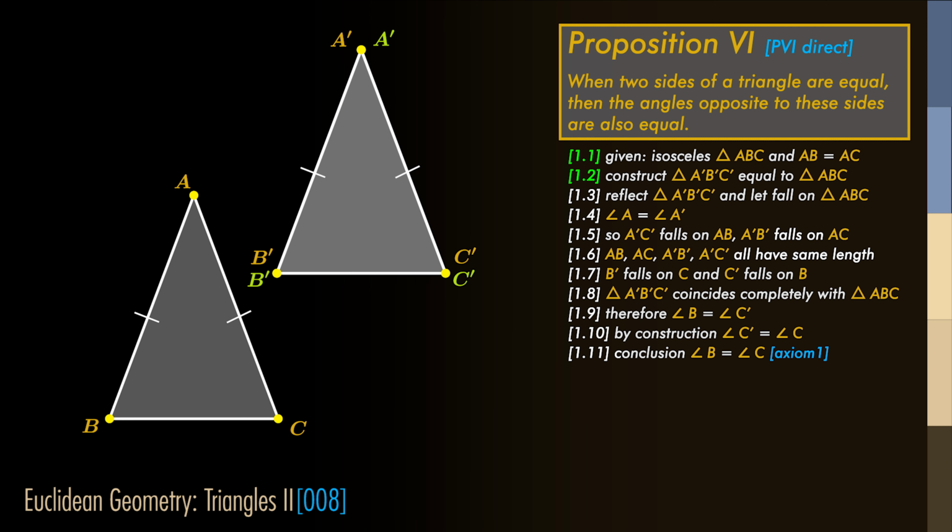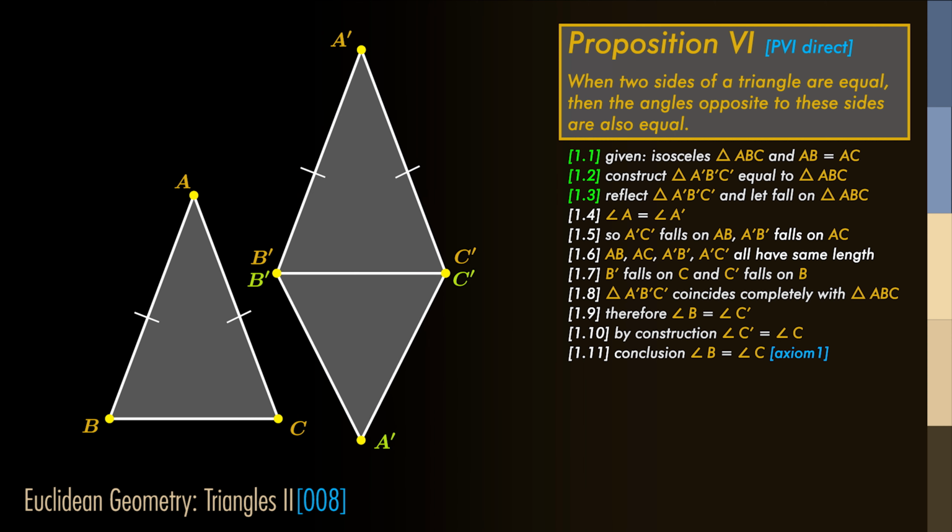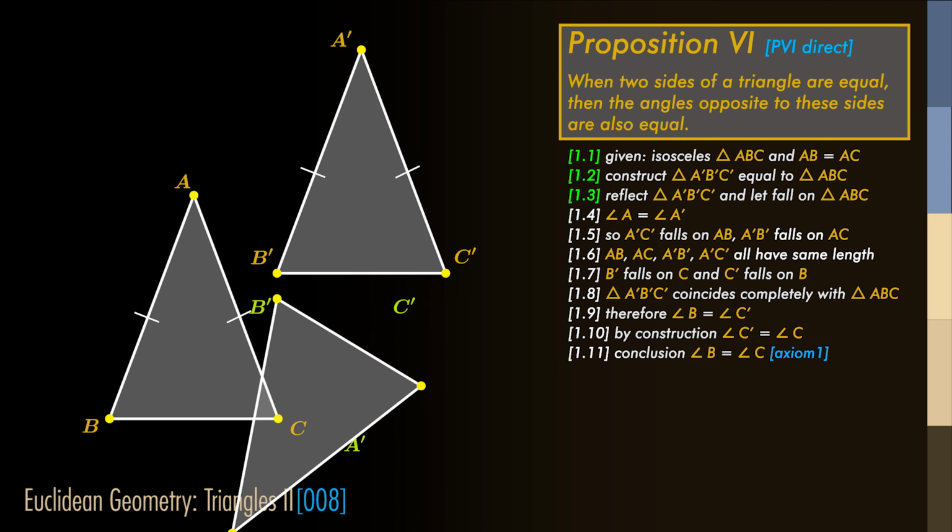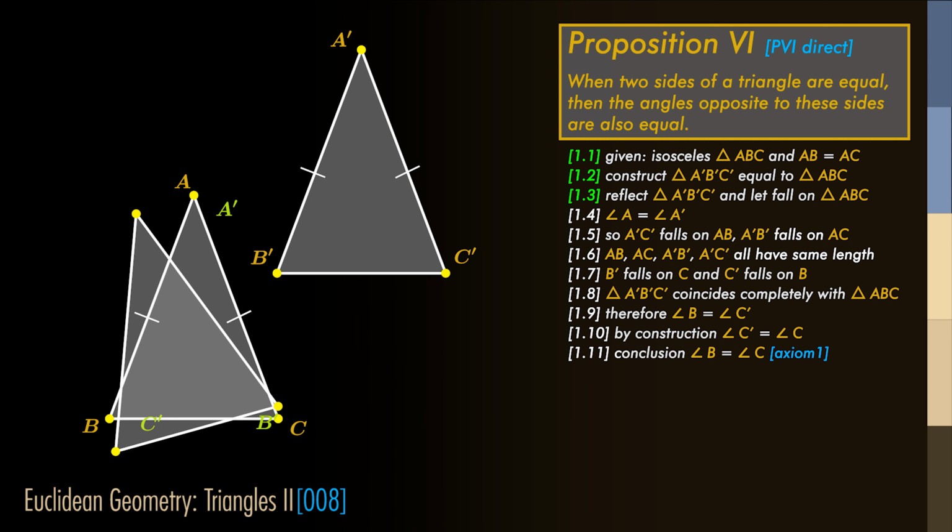And after this construction, let's reflect this new triangle and move it until it falls on ABC, starting with the top angles A and A'. Now we know that the angle in A is equal to the angle in A'.